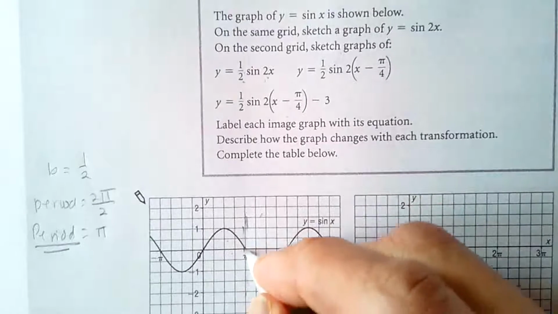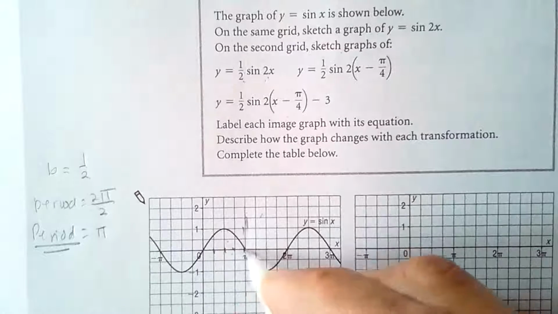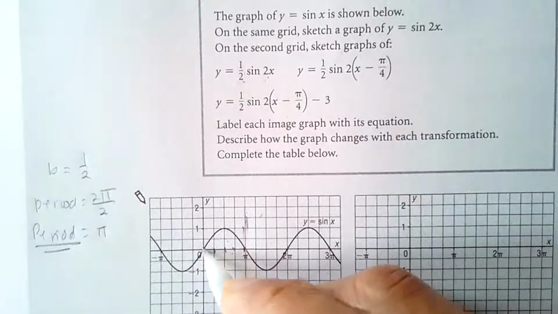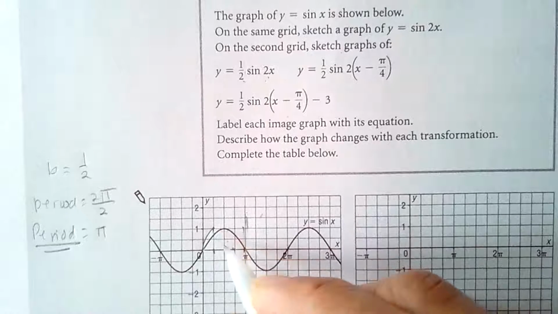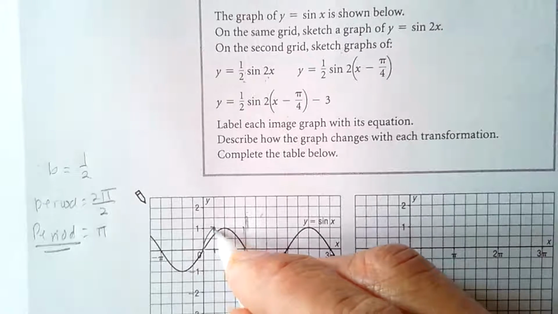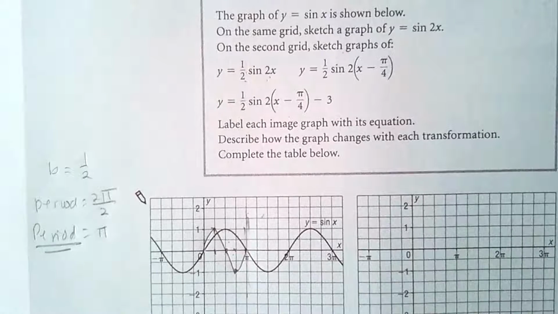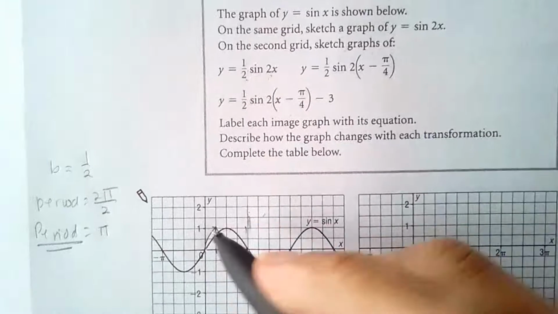So now we need 4 sections. So we have 1, 2, 3, 4. Start from 0. Remember it goes up here, comes down here. I'll use a different color pen here.